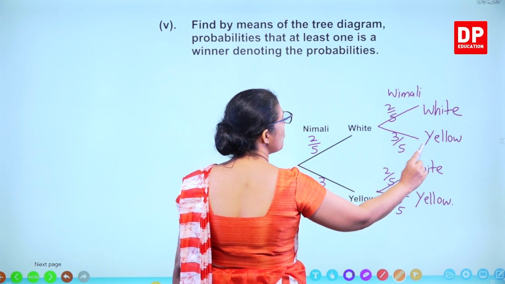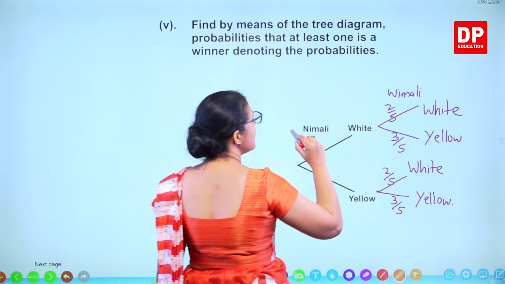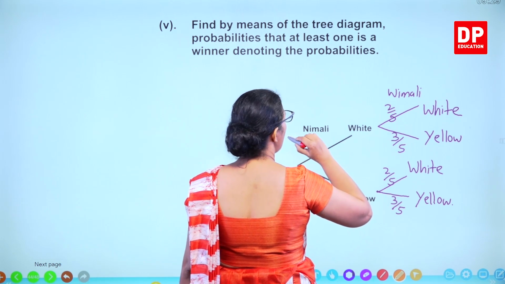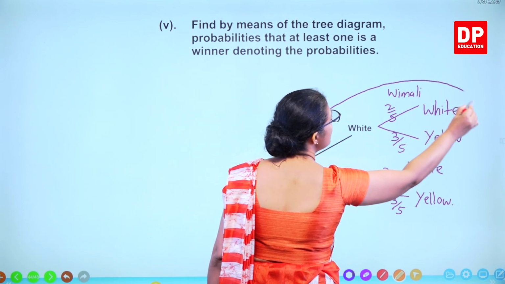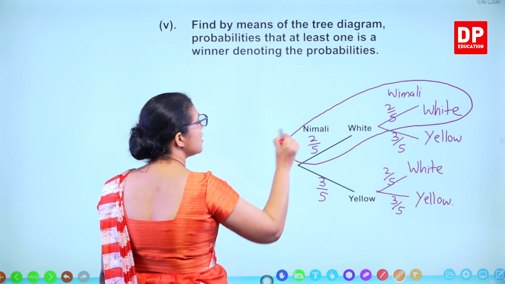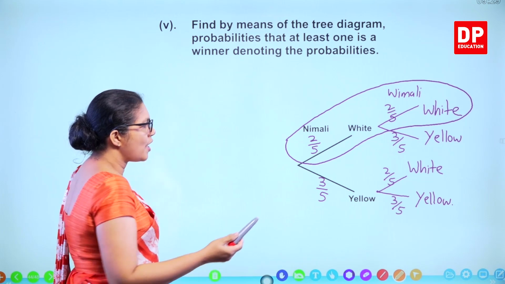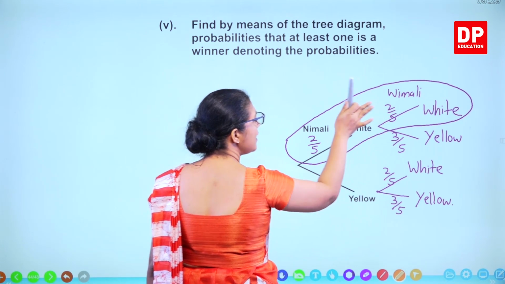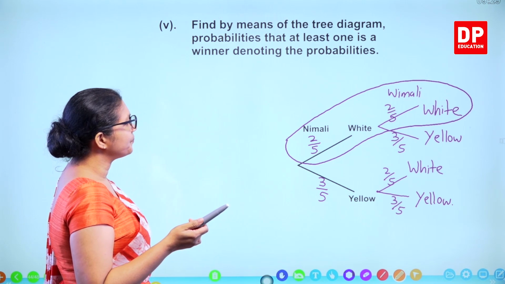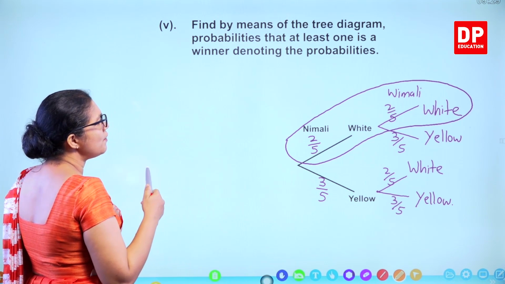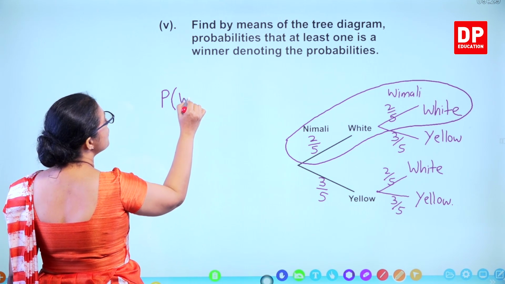So this is also a winning chance because yellow is there. Only possibility for not winning is this branch, because both are white. So how do you find the other probabilities? You can subtract this one from 1. So we'll find out the probability of getting both white.